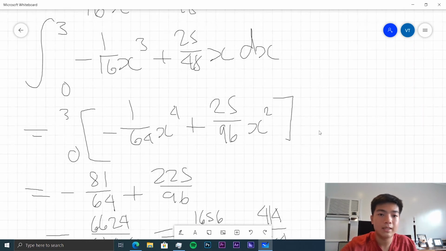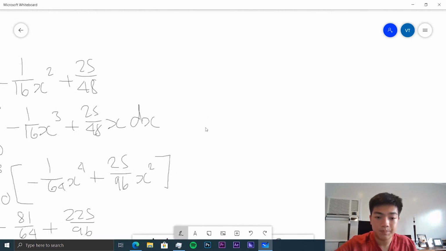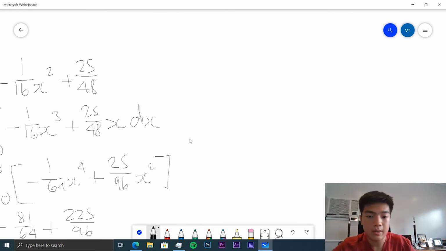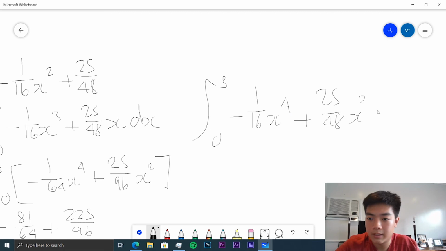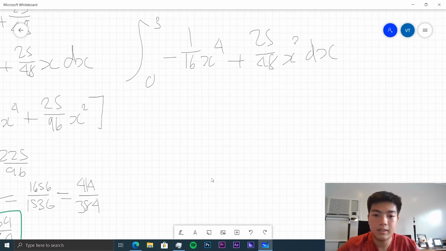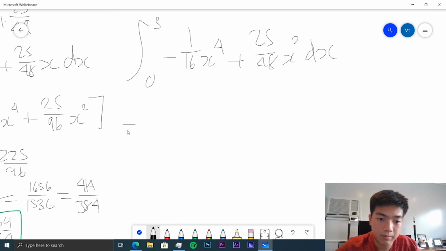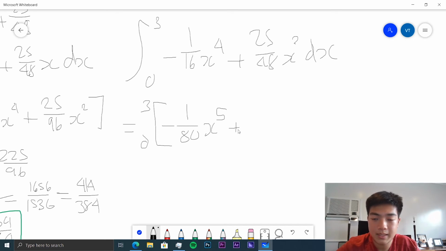Now we need to find the variance, which we can find by integrating between 0 and 3, negative 1/16 x to the 4 plus 25/48 x squared dx. So this is equal to between 3 and 0 of negative 1 over 80 x to the 5 plus 25 over 48 times 3, 144 x cubed.